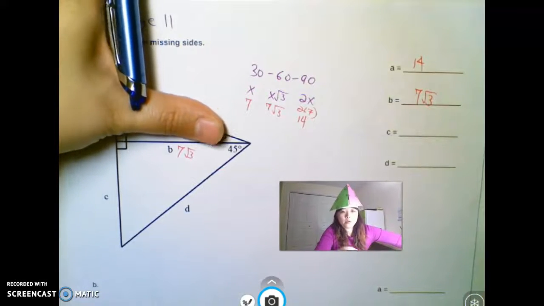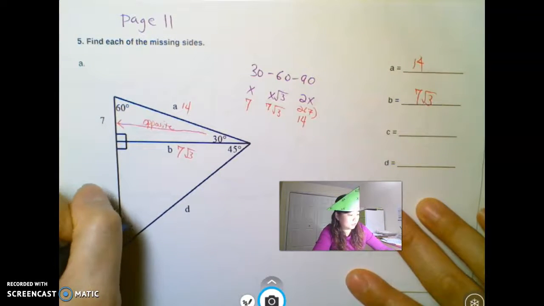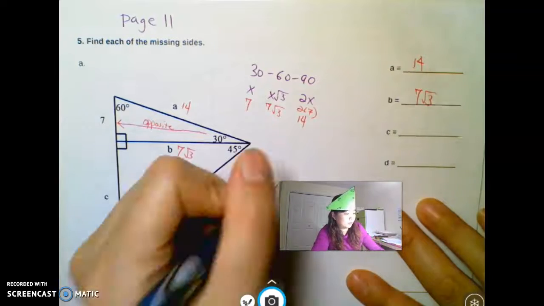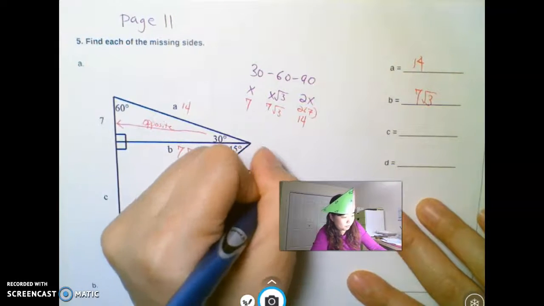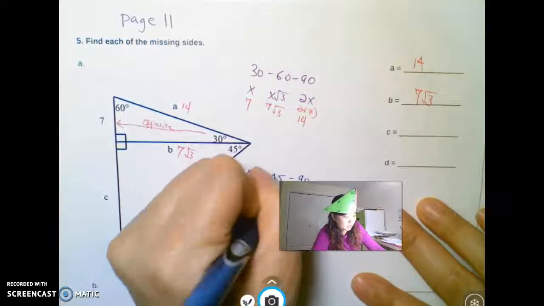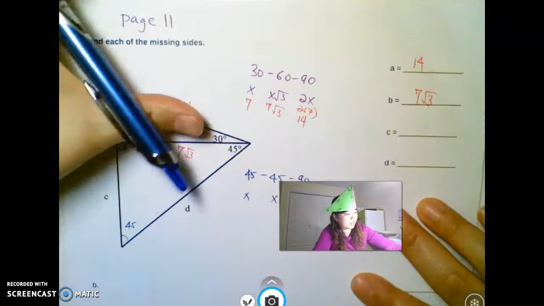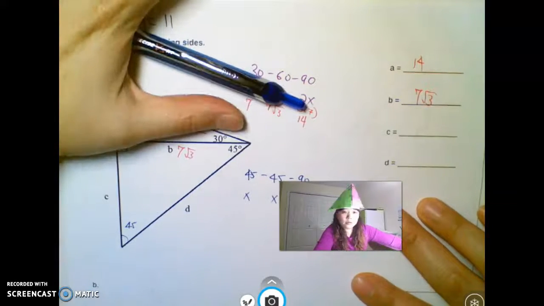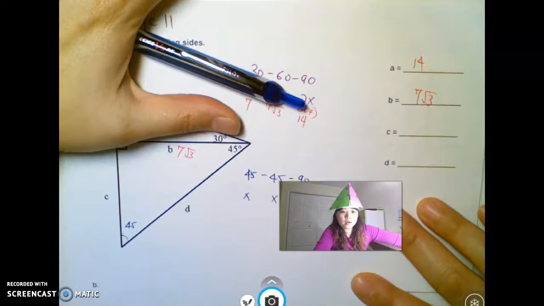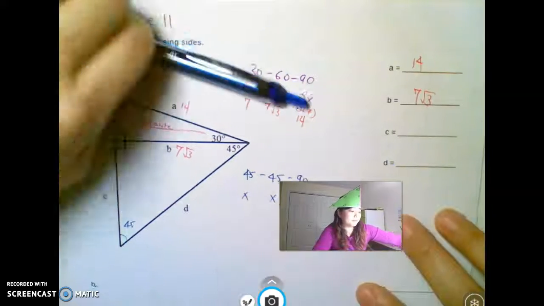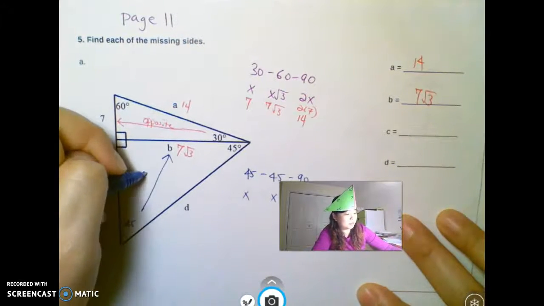What do we have? We have a 45, 45, 90 triangle, so that would be x, x, x root 2, right? We already got this. Opposite of 45 is 7 root 3. Do you see how this is the opposite?